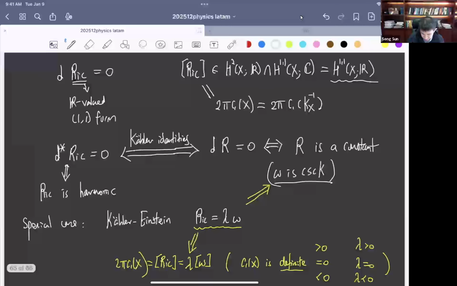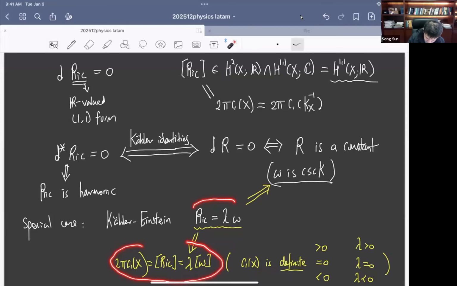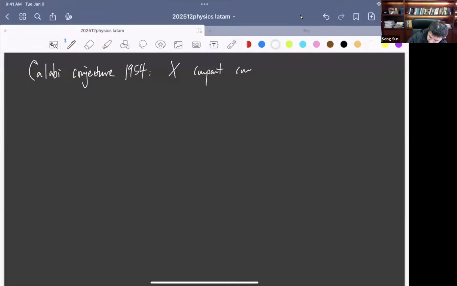So we have already seen that if you have a Kähler-Einstein metric, then you have to have this topological obstruction. Then there was a famous conjecture of Calabi, the Calabi conjecture, in 1954: if X is a compact complex manifold, then this is also a sufficient condition.